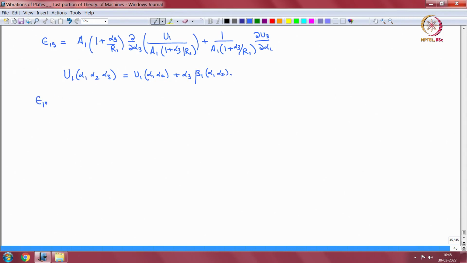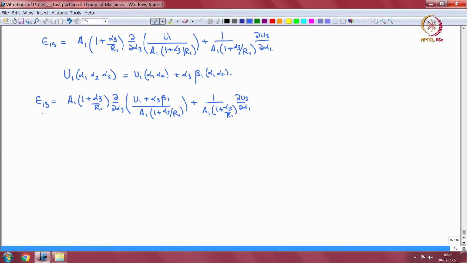So my epsilon 1 3 is A1 (1 plus alpha 3 over R1) del alpha 3 of small u1 plus alpha 3 beta 1 by A1 (1 plus alpha 3 by R1), plus 1 by A1 (1 plus alpha 3 by R1) del U3 by del alpha 1.